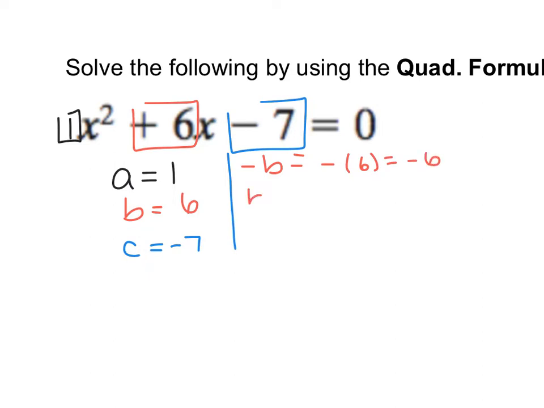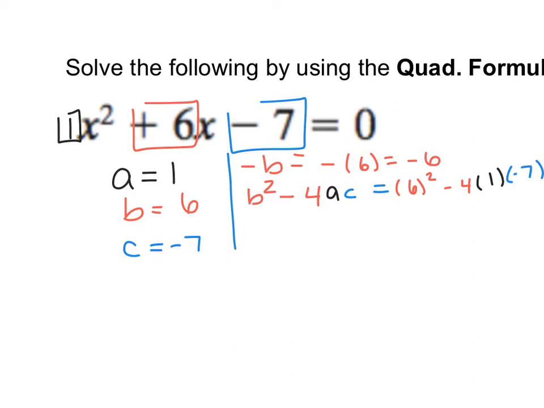I'm then going to do my b squared minus 4ac, which is going to be 6 squared minus 4 times 1 times negative 7, because that's my a and my c.